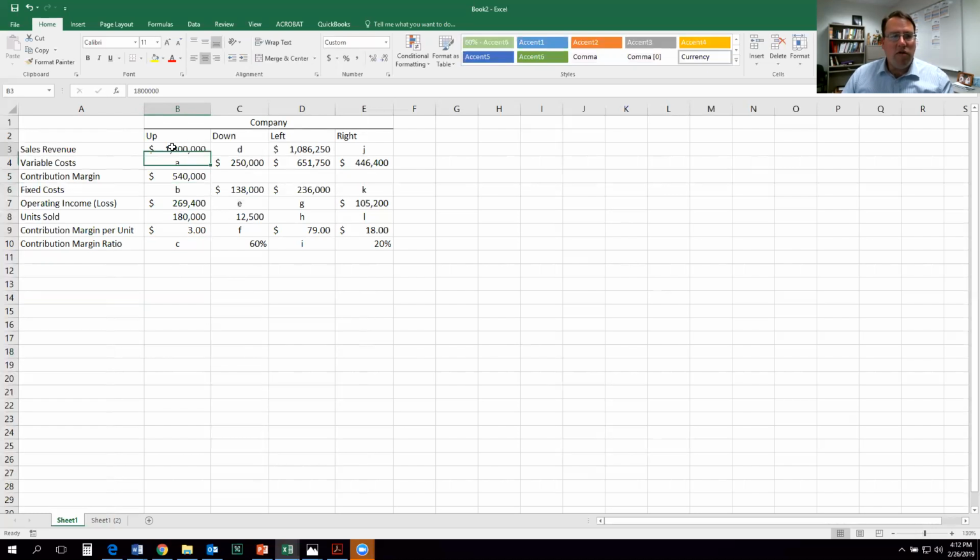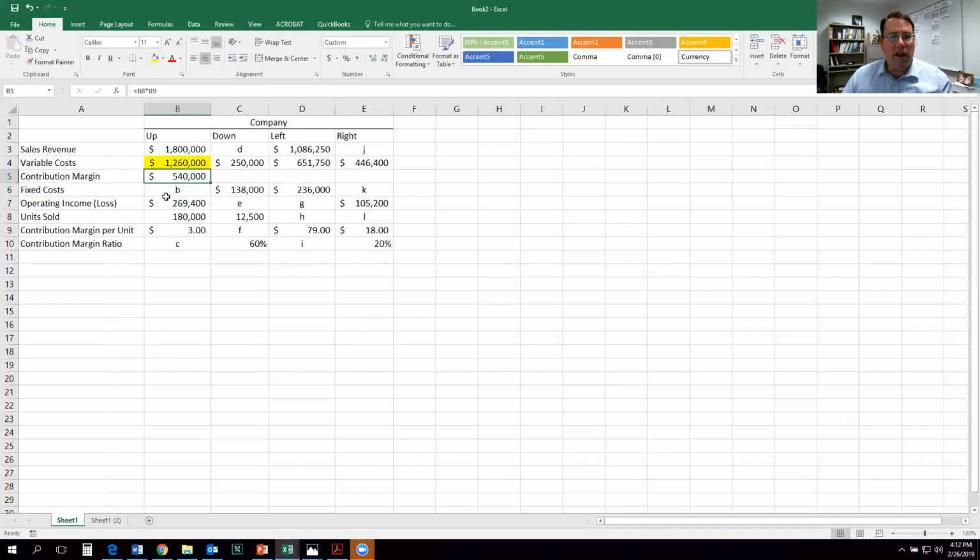So my sales revenue minus my variable costs gives me my contribution margin. So I could solve for my variable costs by saying this equals my sales revenue minus my contribution margin. That gives me my variable costs. My fixed costs, I know my contribution margin minus my fixed costs equals my operating income.